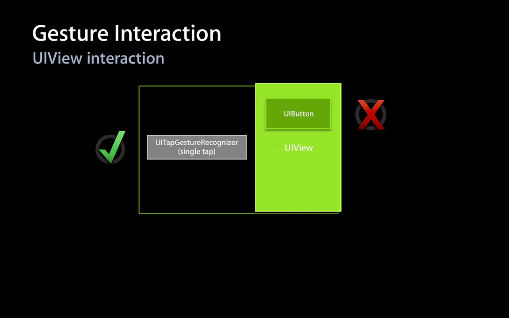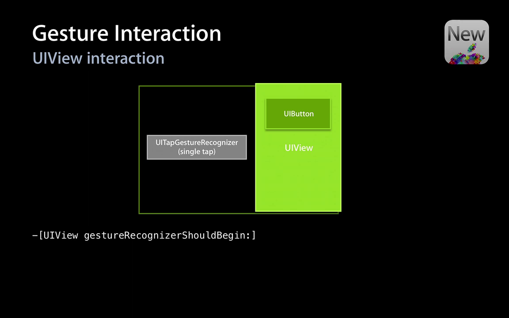Now, that's probably, in this case, not actually what you meant. You probably meant that a tap should be recognized anywhere around the button, but taps on the button itself should actually activate the button, because really the only reason you'd even have a button is to be looking for taps. So there's a new method that we're introducing in iOS 6 to make this sort of interaction behave the way that you probably intended it to, and that's the gestureRecognizerShouldBegin method.